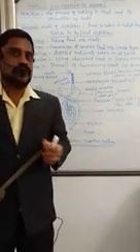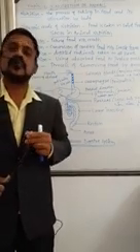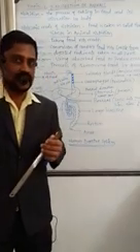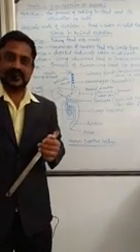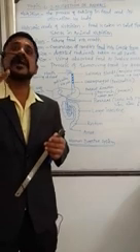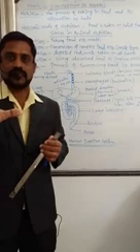So we have learnt about the 5 basic steps involved in the nutrition of animals. First one is ingestion, second one is digestion, third one is absorption, fourth one is assimilation, and fifth one is egestion. Right?